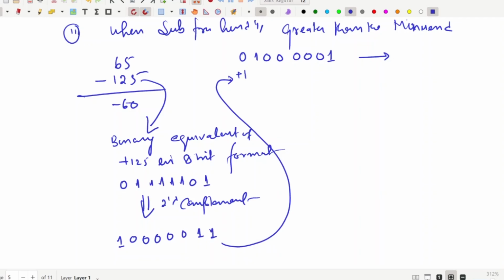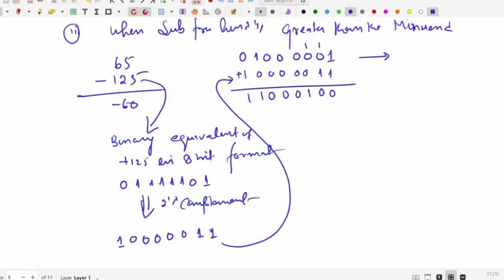What will be the result when we perform the addition? This is 1 1 0, again a carry goes here, then again 1 1 0, a carry goes here, this is 1, then there is no carry, 0 0 0 0 0 1 1. Here we see that there is no carry. The result also contains 8 bits, so there is no extraneous bit or carry bit here.